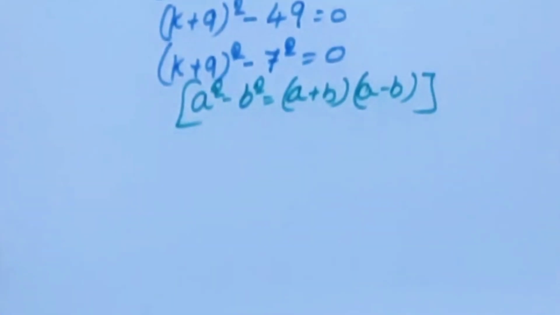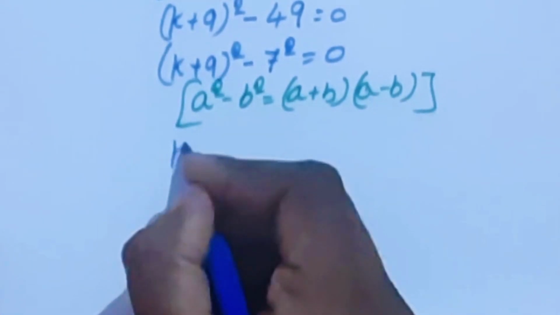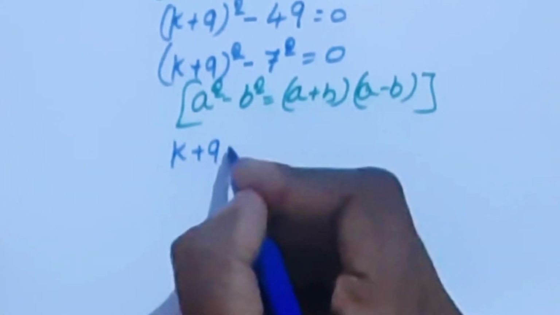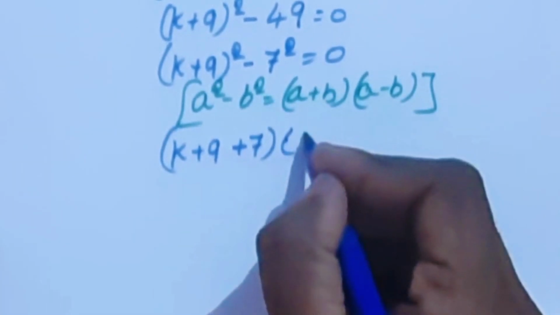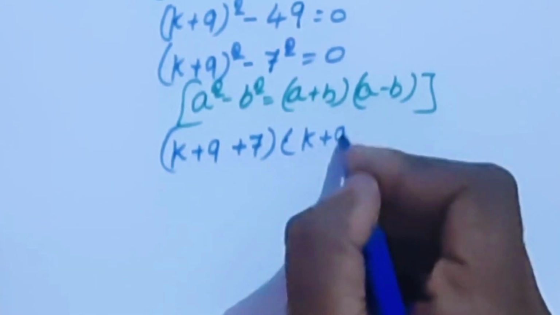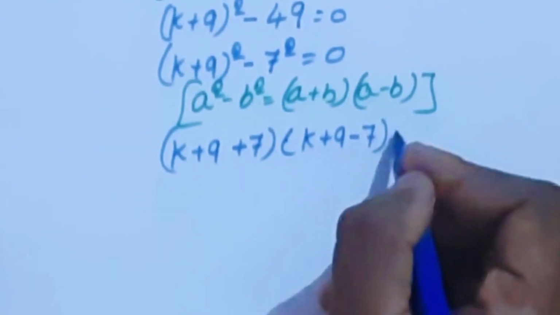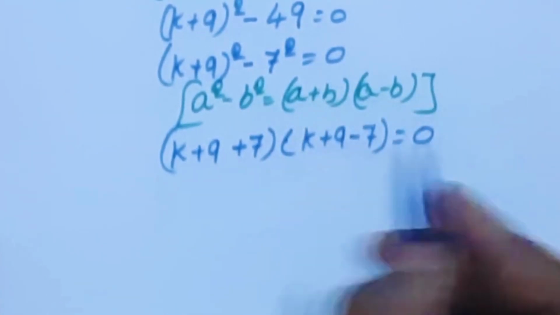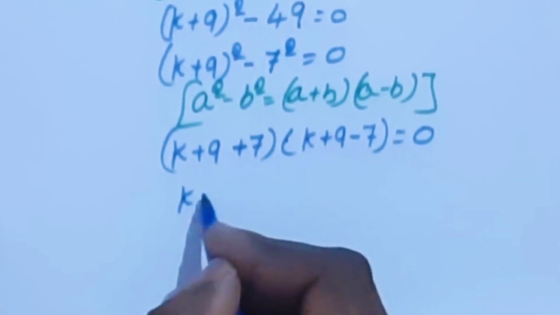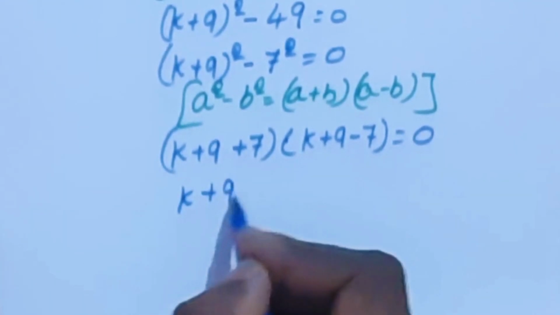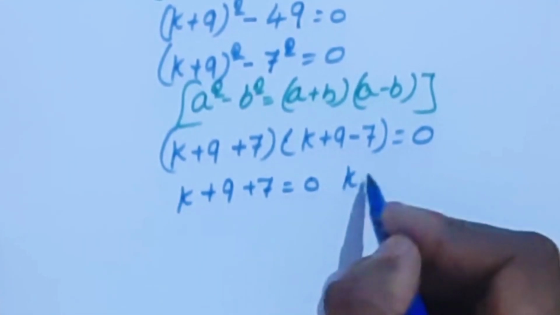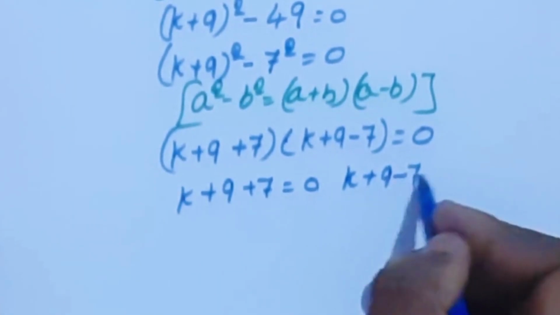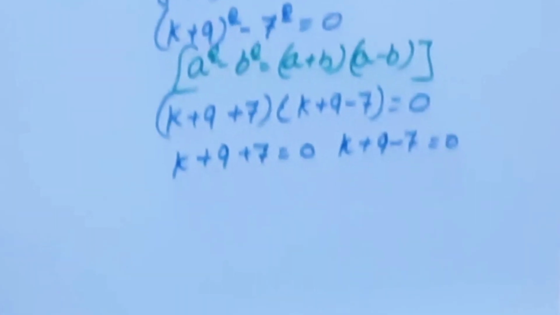So (k + 9 + 7)(k + 9 - 7) equal to 0. Now here k + 9 + 7 equal to 0, and from this k + 9 - 7 equal to 0.